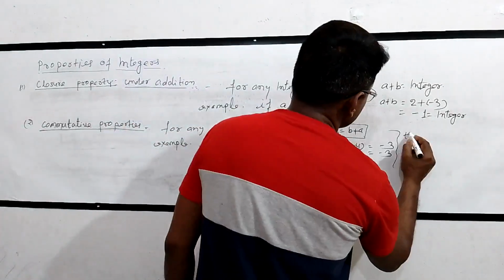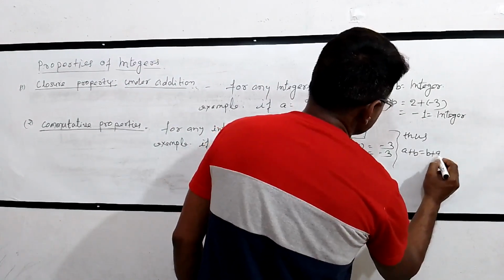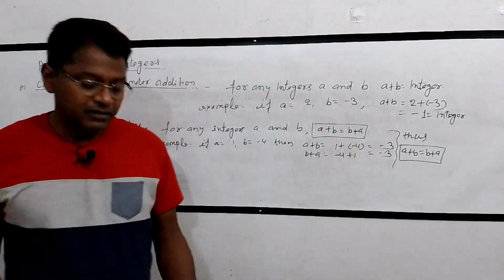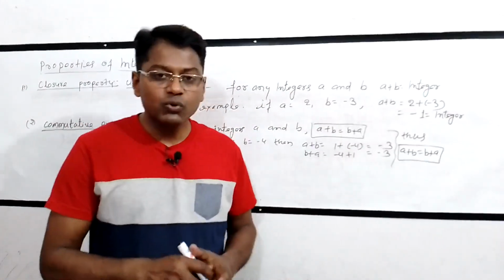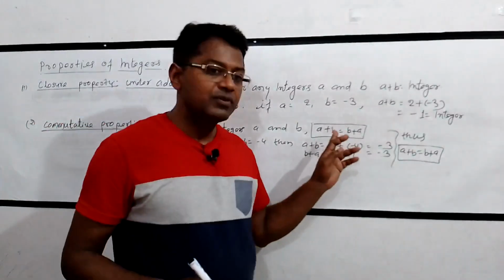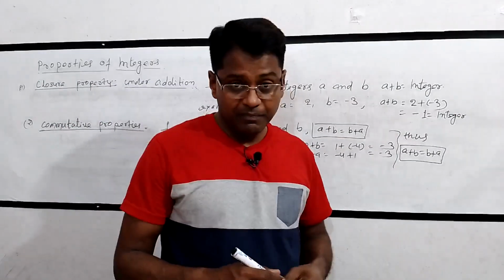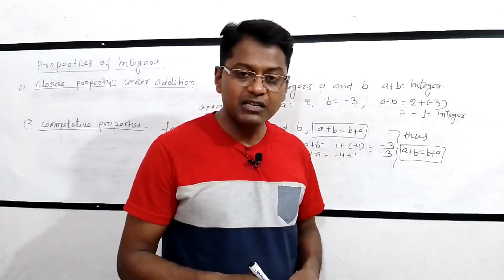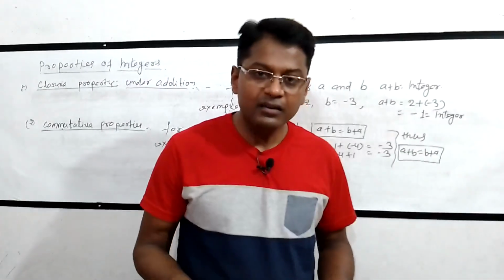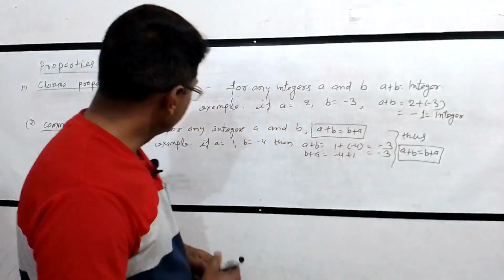Thus a plus b is equal to b plus a. So you are getting that integers show the commutative property. It means that for any integers, if we add a plus b or b plus a, if we replace the position of the integers while adding, then the result will always be the same. This is the commutative property of integers.